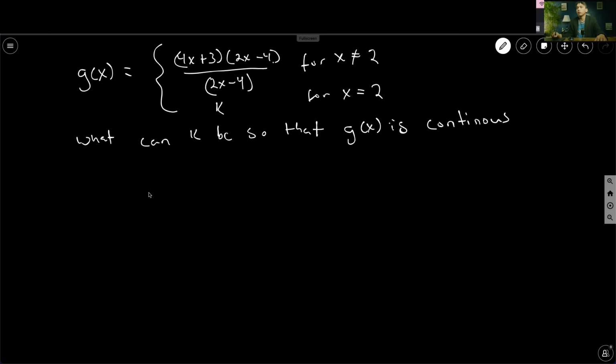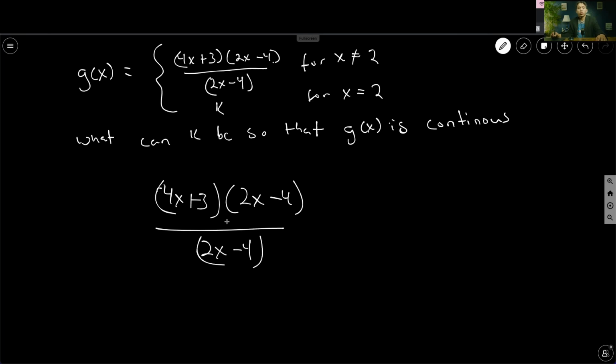So you take the equation g of x, the first part of it anyway, the 4x plus 3 times 2x minus 4 over 2x minus 4. Get rid of the removable hole. So now this function is just 4x plus 3.